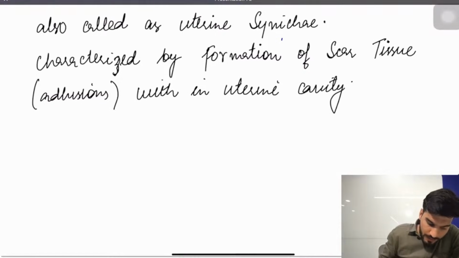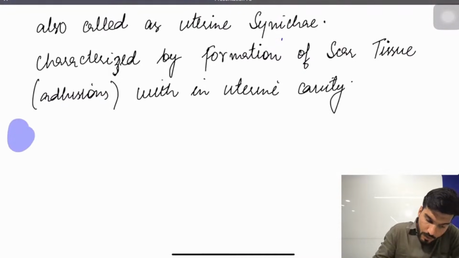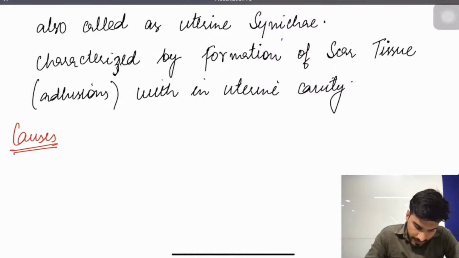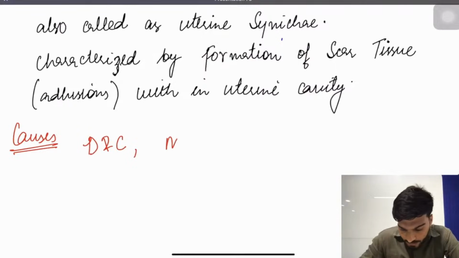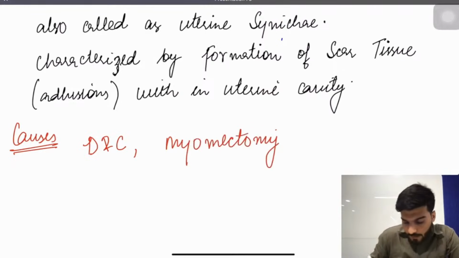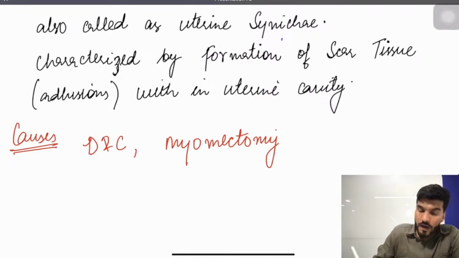What can be the causes? The causes can be dilatation and curettage and myomectomy. These are all the causes for Asherman syndrome. And what will be the management?